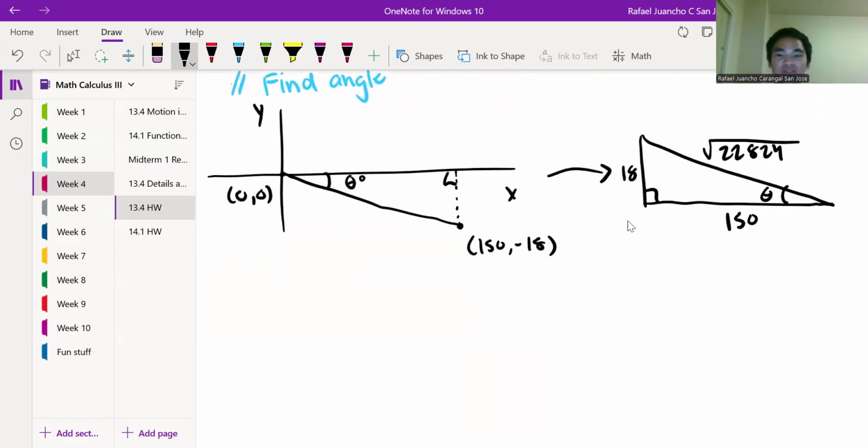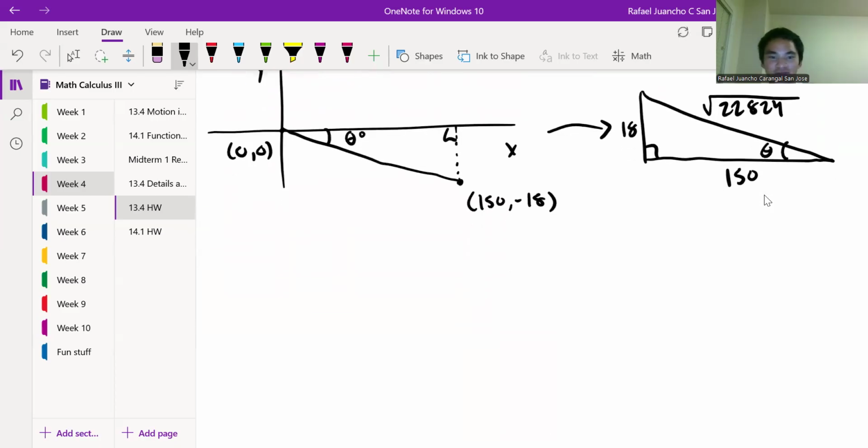And then we find this angle. We can use anything here. I'm just gonna use tangent. Tangent of theta is the opposite side over its adjacent side.